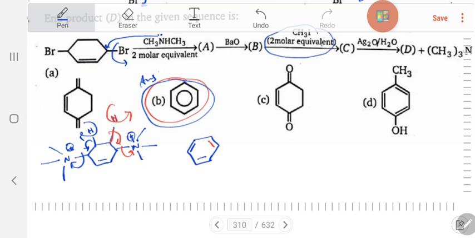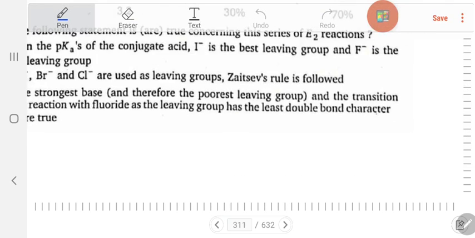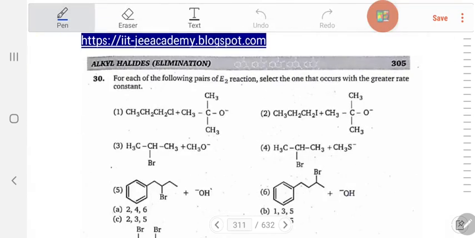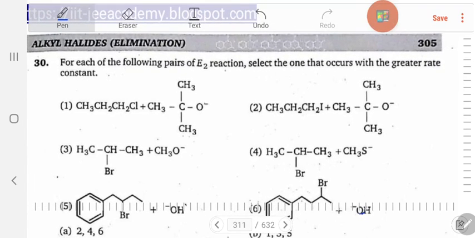Next question. Question number 30. For each of the following pairs of E2 elimination reactions, select the one that occurs with greater rate constant, where the rate of reaction will be high.